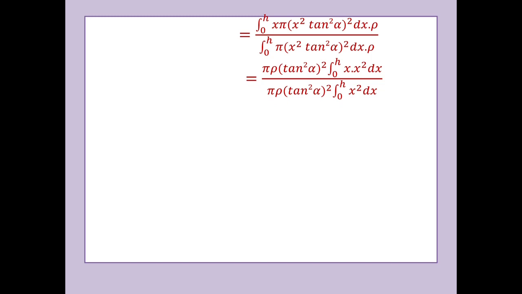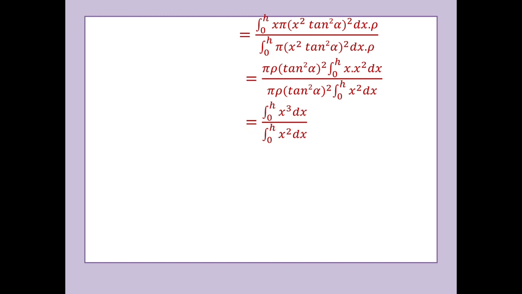The terms pi, tan square alpha and rho are constants, so they have been taken out, and in the denominator also the same. So pi rho tan square alpha in the numerator and the denominator will get cancelled. The remaining left is integral of 0 to h x into x square dx divided by integral of 0 to h x square dx.